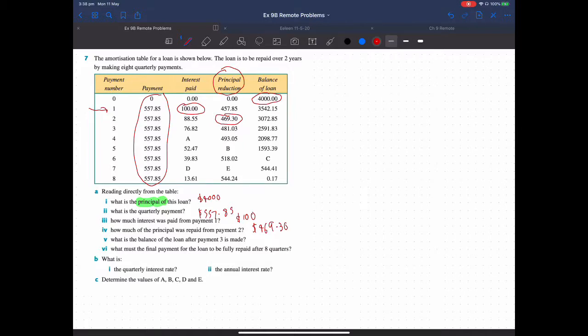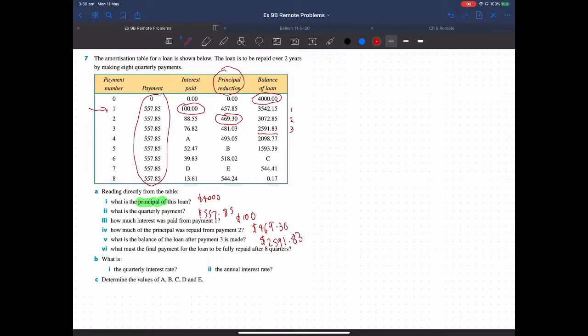Part 5 says, what is the balance of the loan after 3 payments are made? So 1 payment, 2 payments, 3 payments. The balance is $2,591.83. The last part of Part A says, what was the final payment for the loan to be fully repaid after 8 quarters?